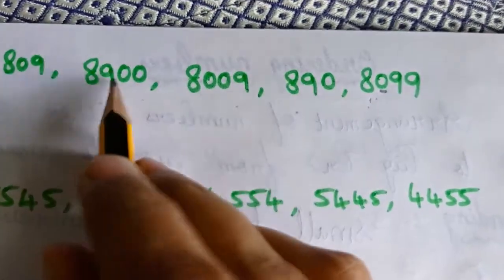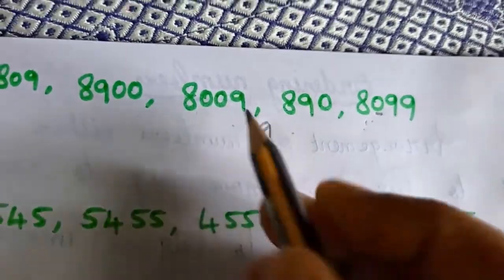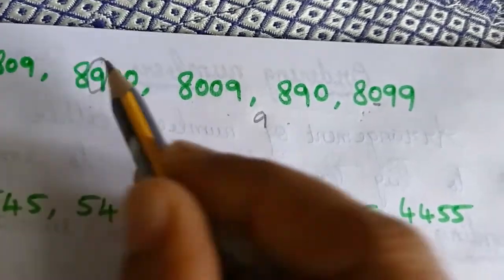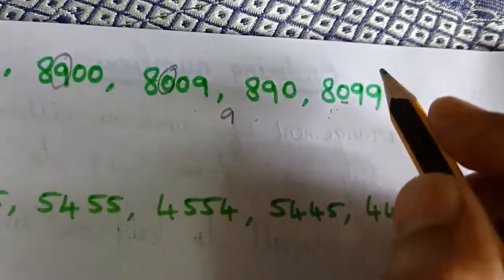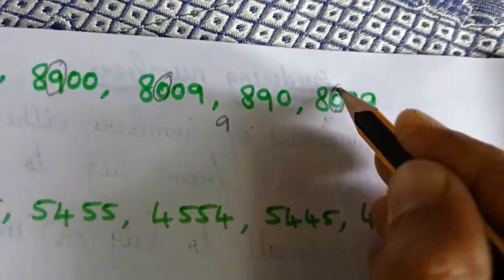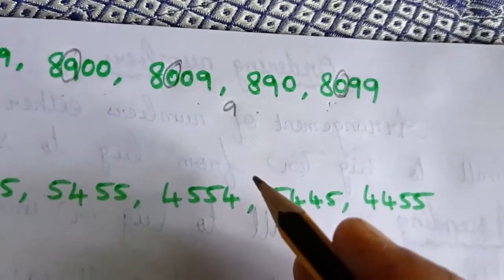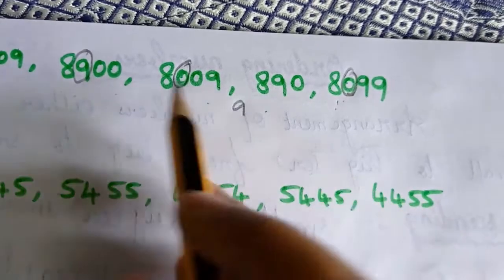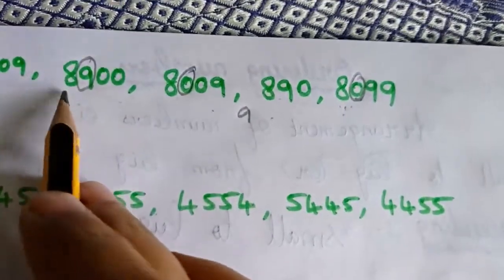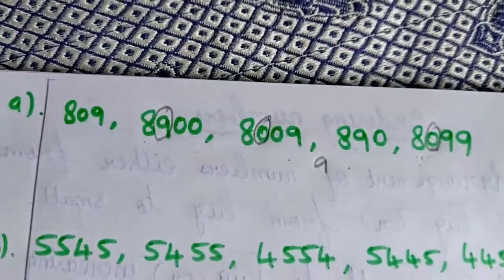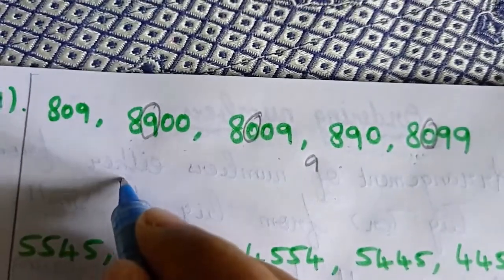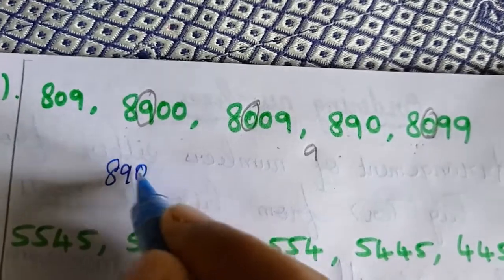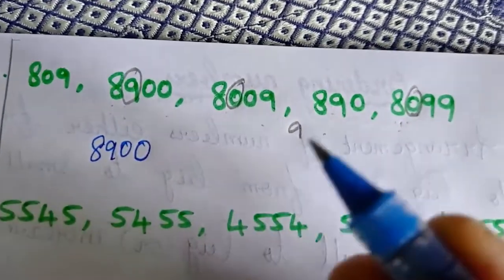The first number's 100 place value is 9. Second number's 100 place value is 0 and third number's 100 place value is 0. Okay? So which is greater, 9 or 0? 9 is greater, isn't it children? So for descending order, you have to write first the highest value, that means 8900.